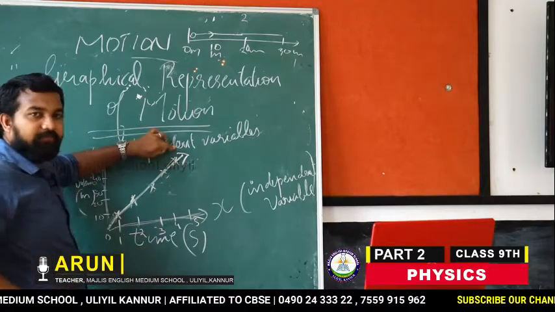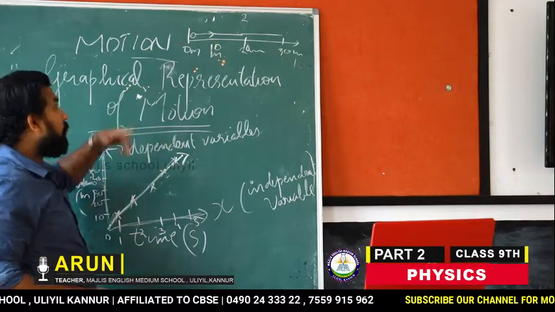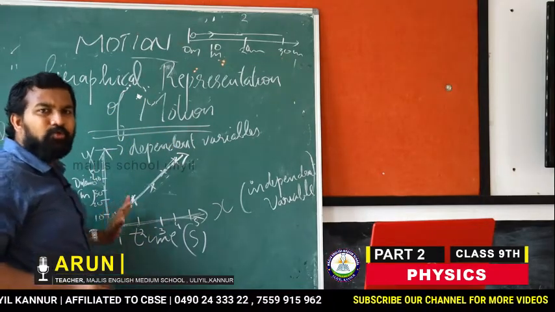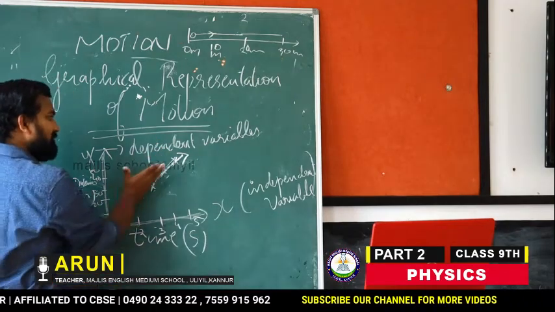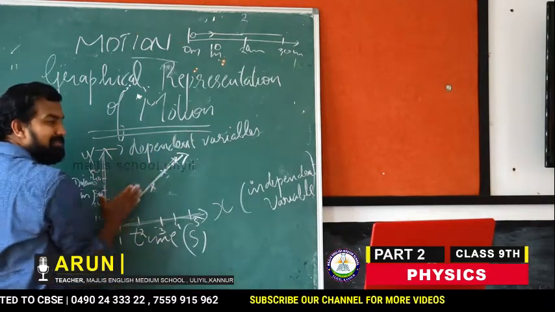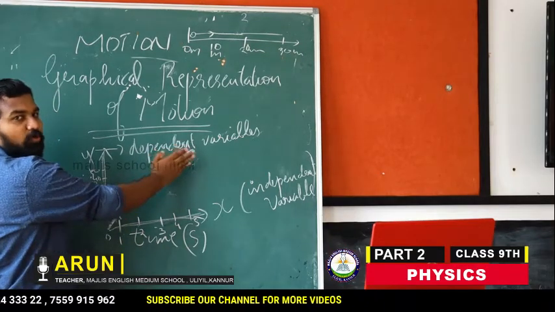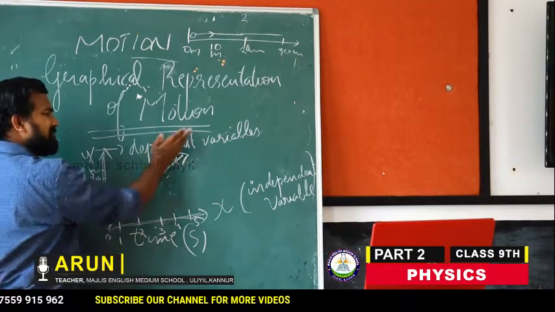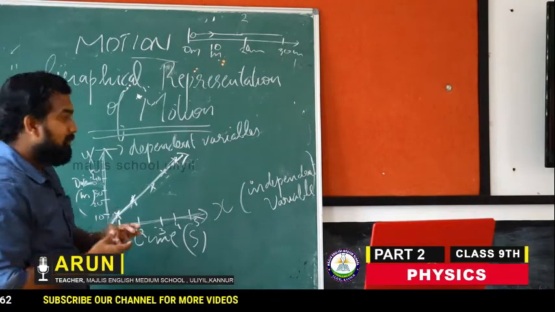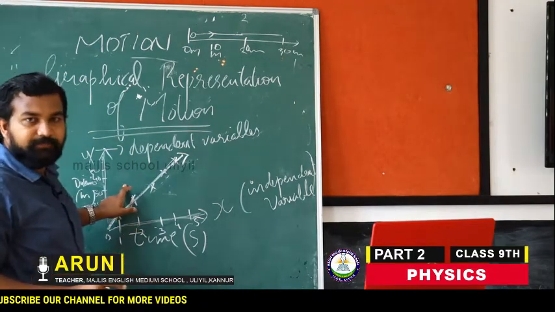This line is the graph. This will represent how the body is moving. It is moving in a uniform manner. The increase in the distance with respect to time is constant. So we can say that this is uniform motion.